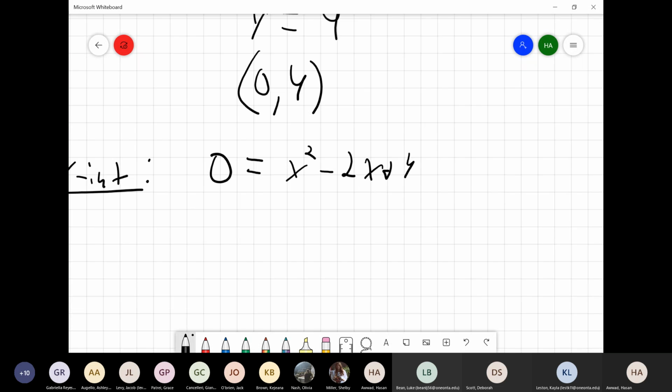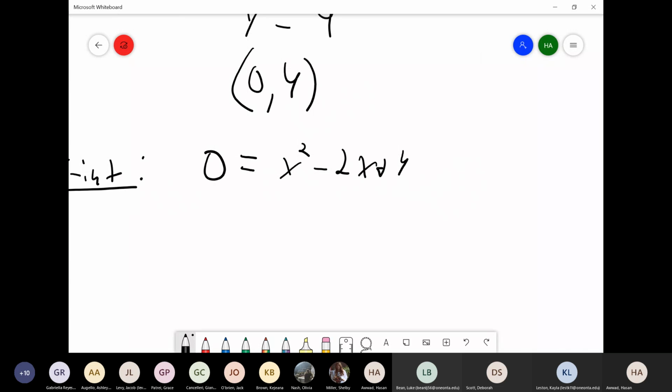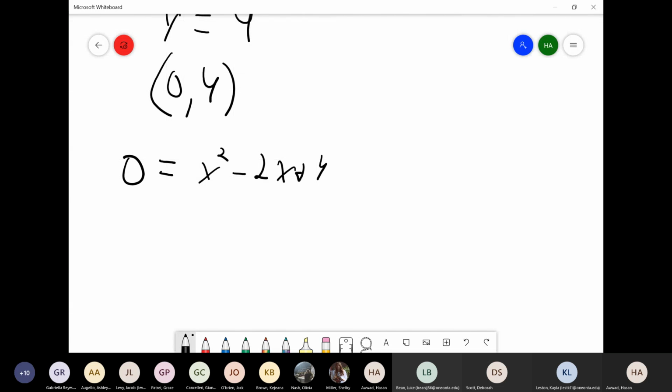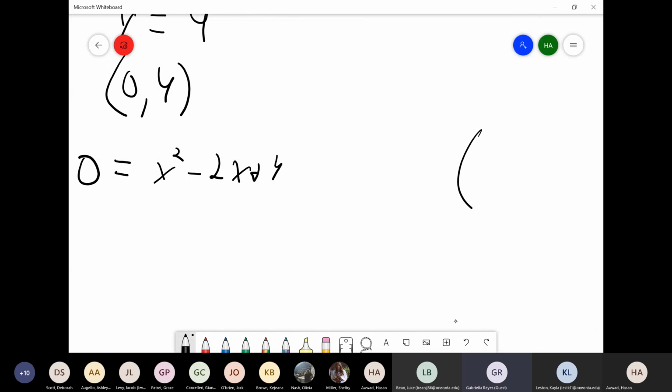So, anybody, who can tell me what my tool is to complete the square? I have a specific something over something raised to some exponent, and that's what I know I'm going to add. b divided by 2, quantity squared.